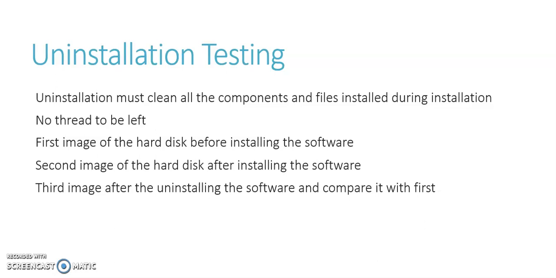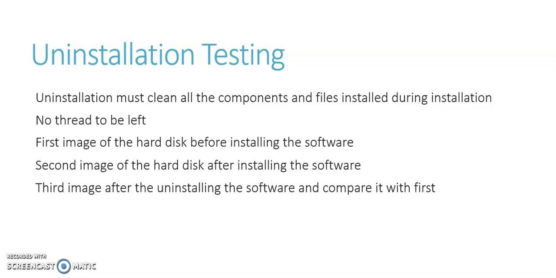software is uninstalled. Uninstallation testing is done in the following way. In the first step, the image of the hard disk is taken. This image is taken before the installation process begins. In the second step, the installation of the software is done and the image of the hard disk is taken again.